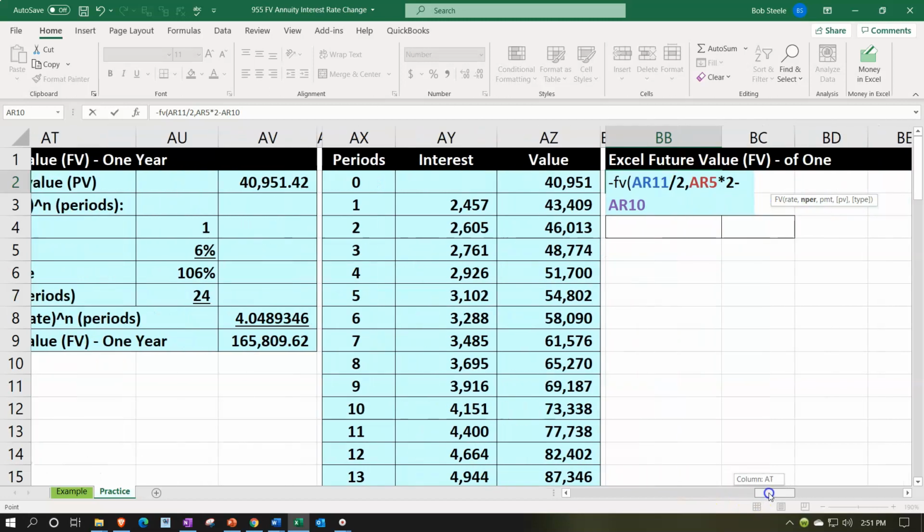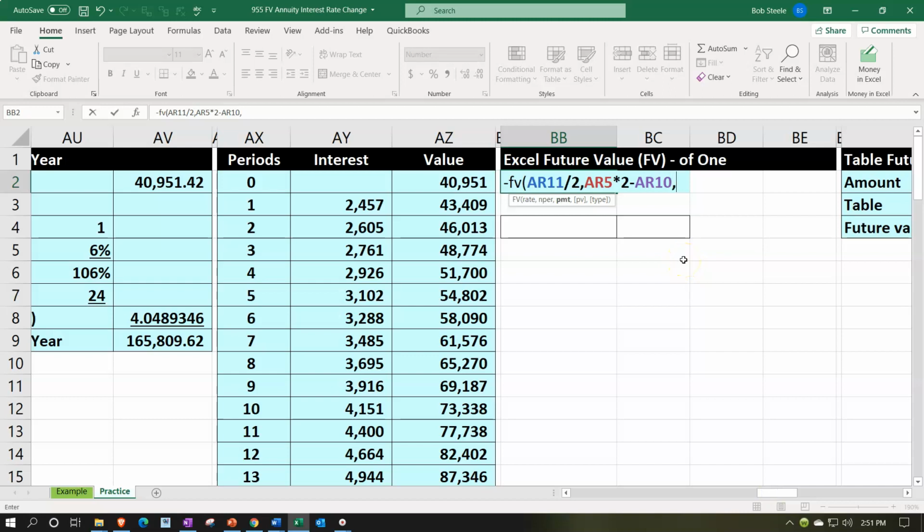Then comma, and then a value of 1. It's not an annuity, so 2 commas, and then we'll take the present value of the 40,951.42 and enter. So there we have it again.